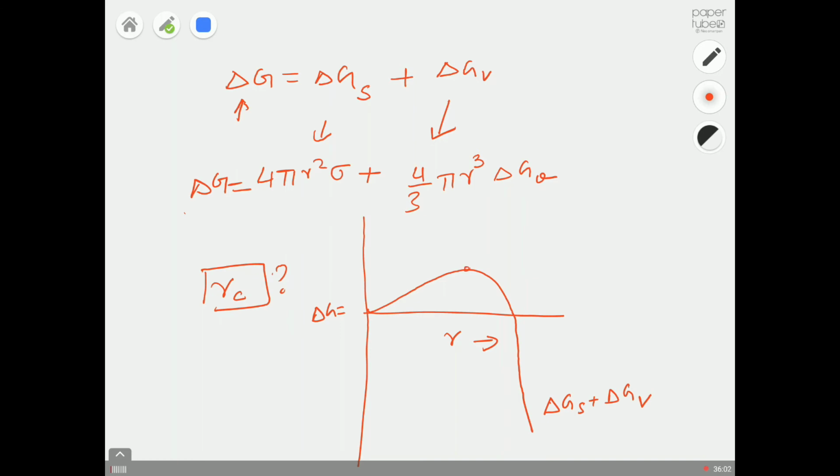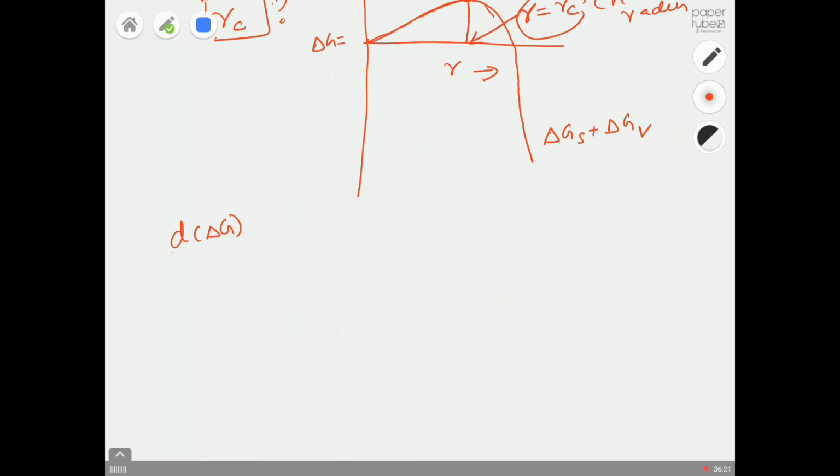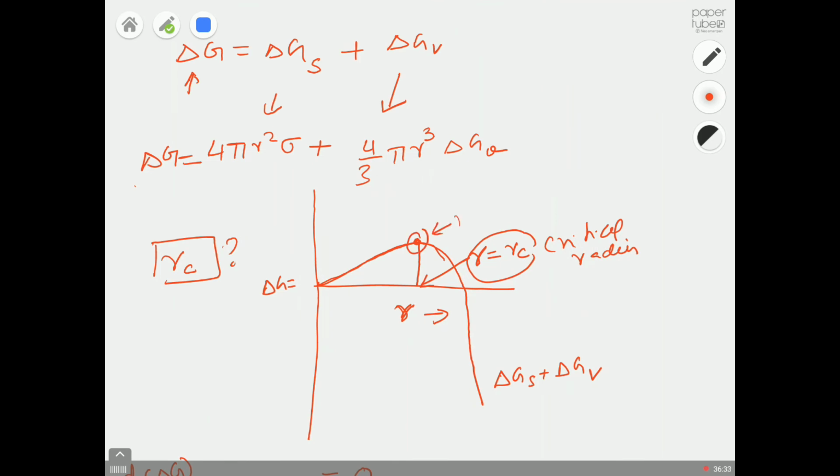So we have to find the RC value, this particular point, the critical radius. And we know what delta G is. So if we differentiate d delta G with respect to R, and whatever expression we get, we set it to 0, that should give you the value of this particular point, RC.